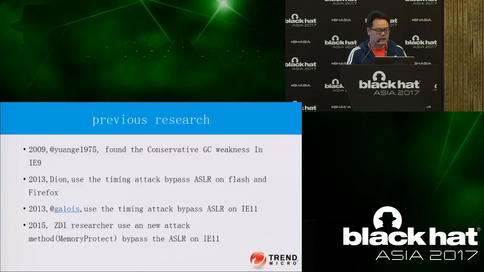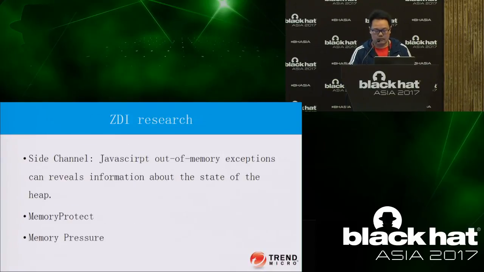In the same year, a Chinese researcher called Ganis used this weakness and a timing attack to bypass ASLR on Internet Explorer 11. And in 2015, ZDI researchers used a new attack method called memory protector to bypass ASLR on Internet Explorer 11.